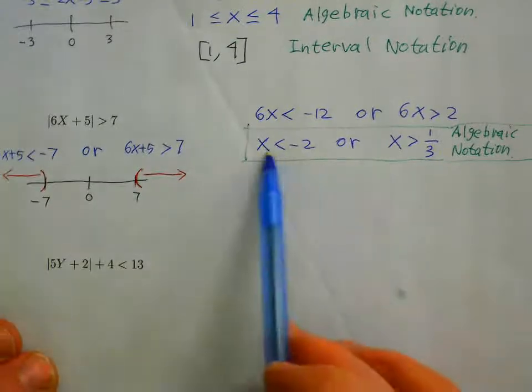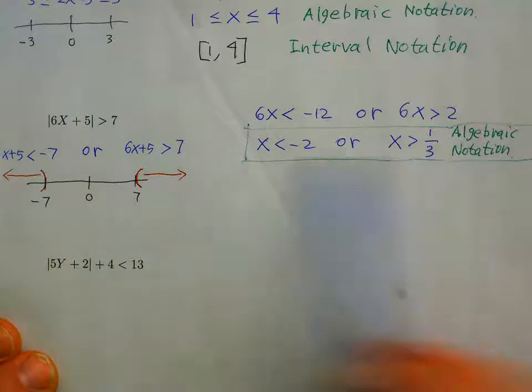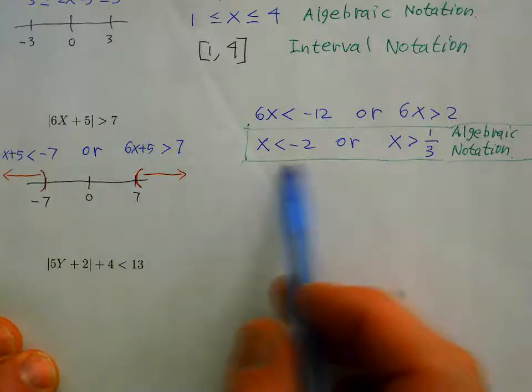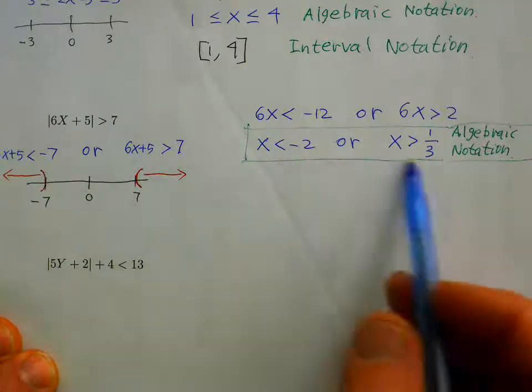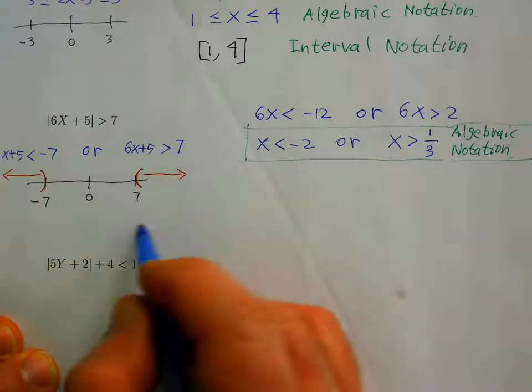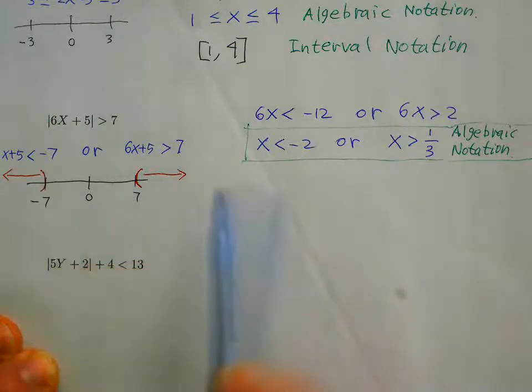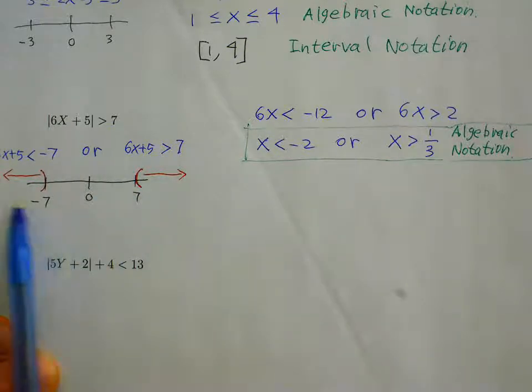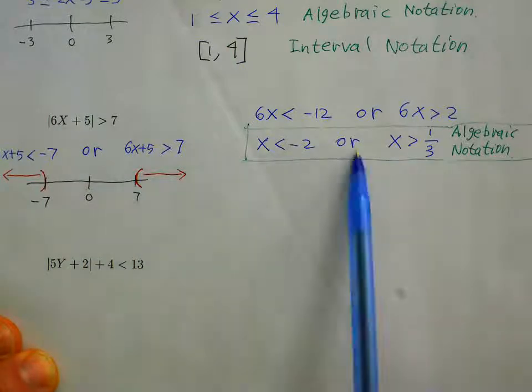We can sketch a graph of this: x is less than negative 2 or x is greater than 1/3. It will look similar to this graph because this compound inequality produced this one when we solved it for x.